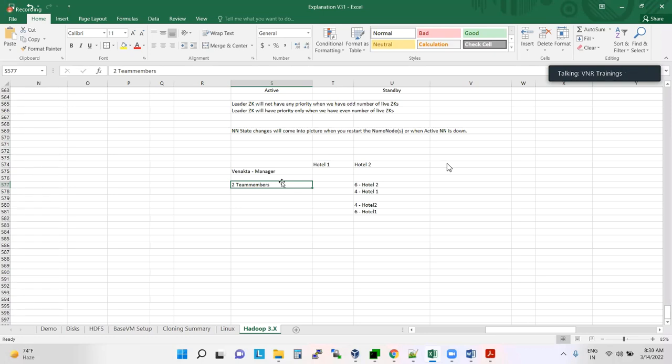So it means whenever you are taking a decision, in your team, the majority of people should be present. Then only you can take a decision.